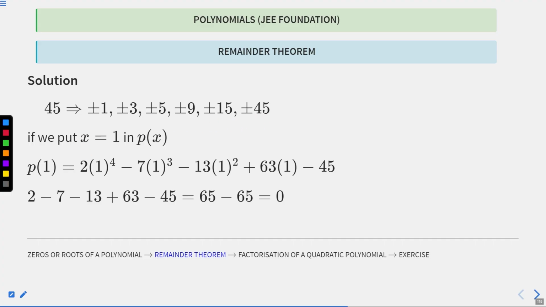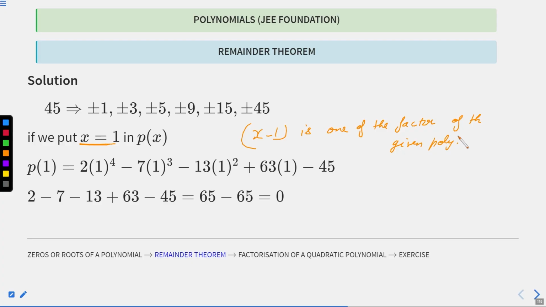If you put x equal to 1 in px, by putting p of 1 you will get 0. This means x minus 1 is one of the factors of the given polynomial.